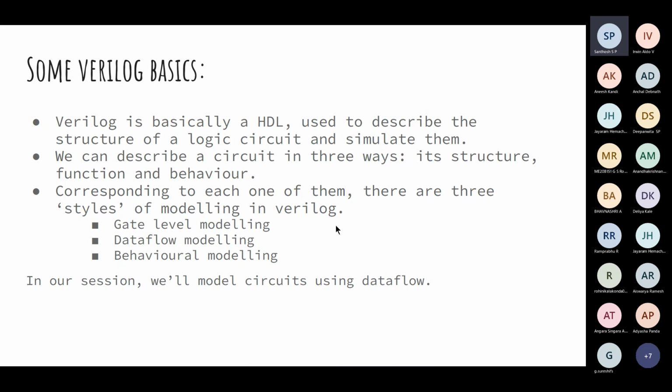So if we want to do a full adder in Verilog using data flow modeling, we can describe how the full adder works using the Boolean expressions of sum and carry, which we have determined previously. So in this session, we'll use data flow modeling to design circuits in Verilog.